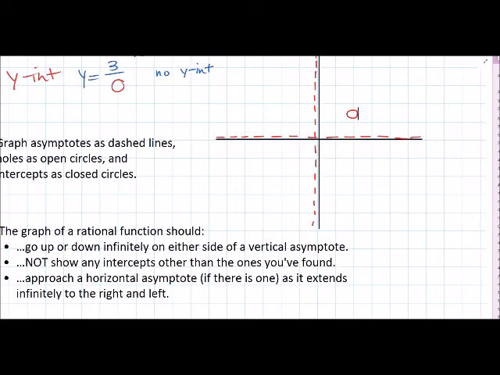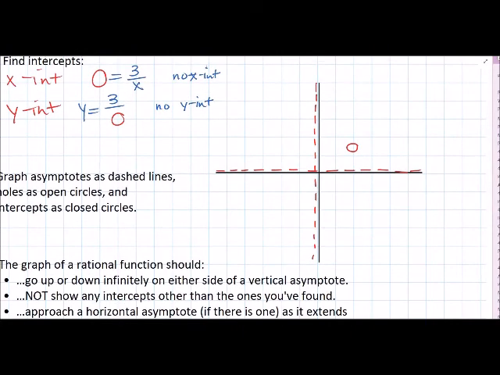So if I use my open circle here as kind of an invisible point on the graph, I know the graph will have to extend upwards infinitely from the left side of that vertical line. If I made the graph go down infinitely from the open circle, then I'd be making an x-intercept, and I know I don't have x-intercepts. The graph is also supposed to approach my horizontal asymptote as I go out to the right, so I'm just going to make it look like it does that.